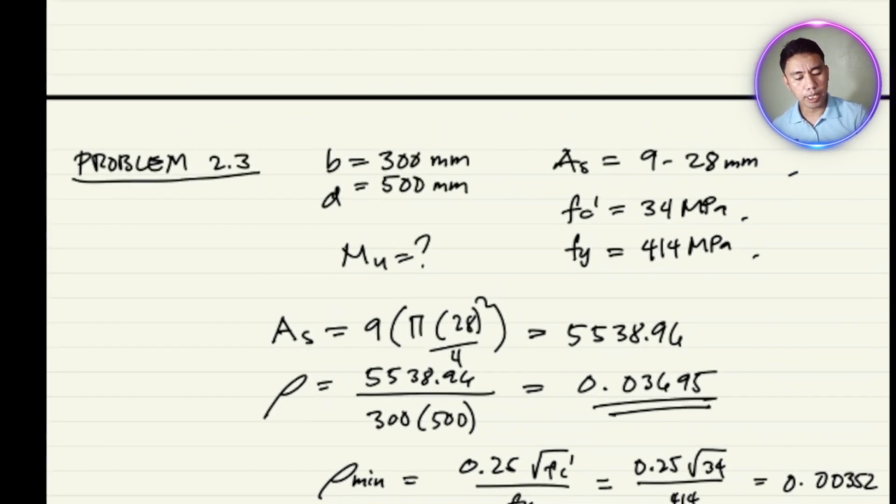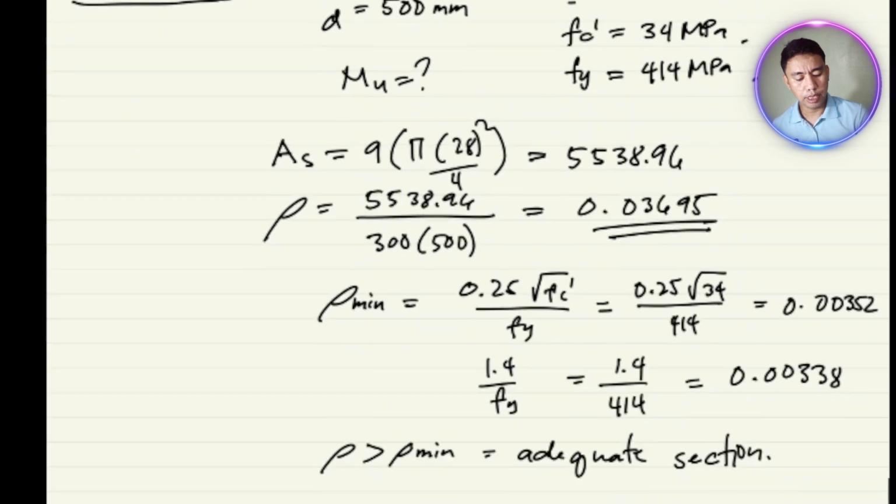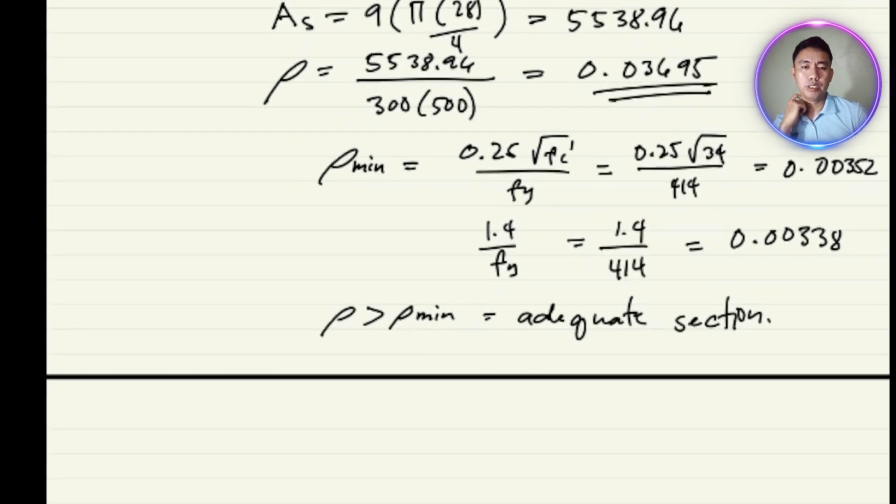Kasi kung ang AS number ng rebar is less than rho minimum, although we can proceed with the calculation, pero the NSCP suggests na meron tayong minimum na rebar.